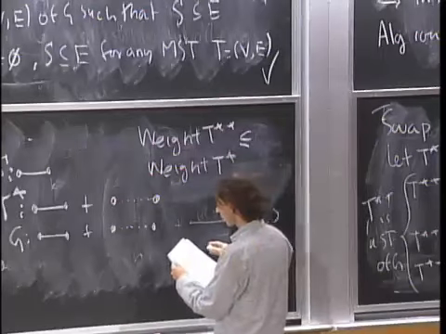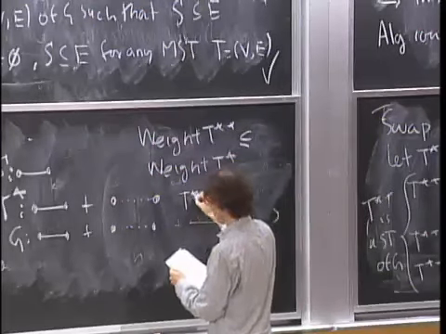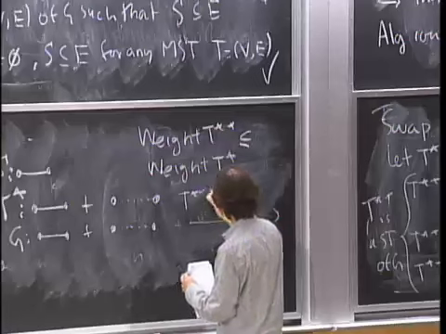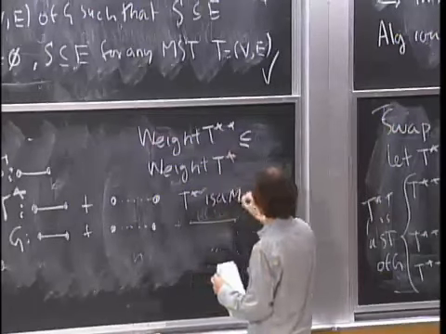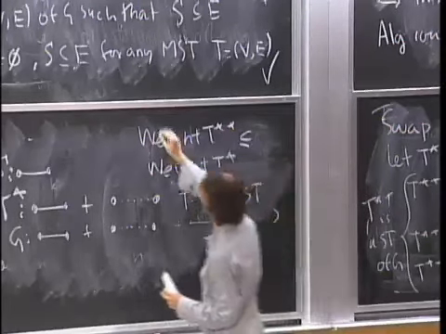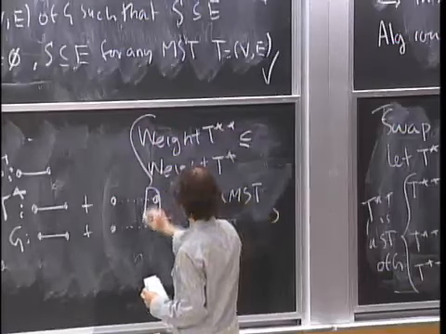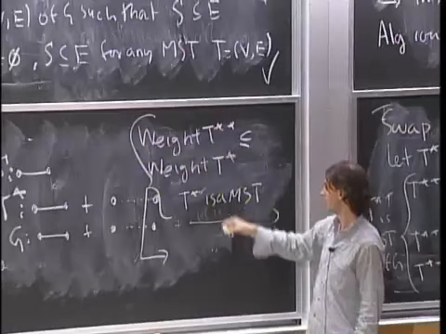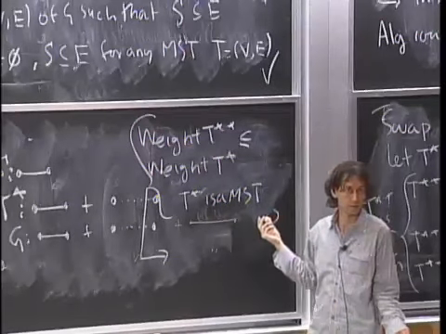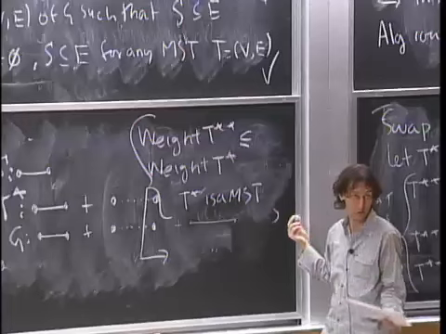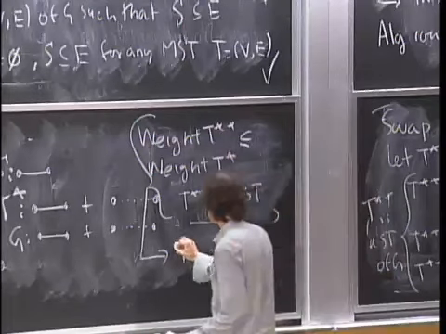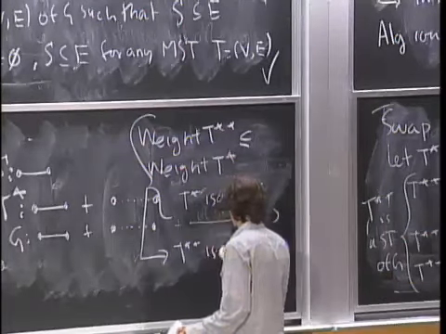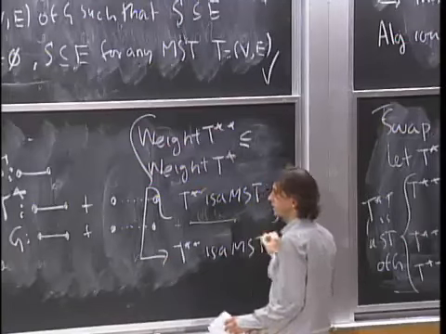We also know that T star is a minimum spanning tree. So if we combine these two together, then we know that the weight of T double star cannot get less than the minimum weight possibility. So it also has minimum weight. So T double star is a minimum spanning tree.